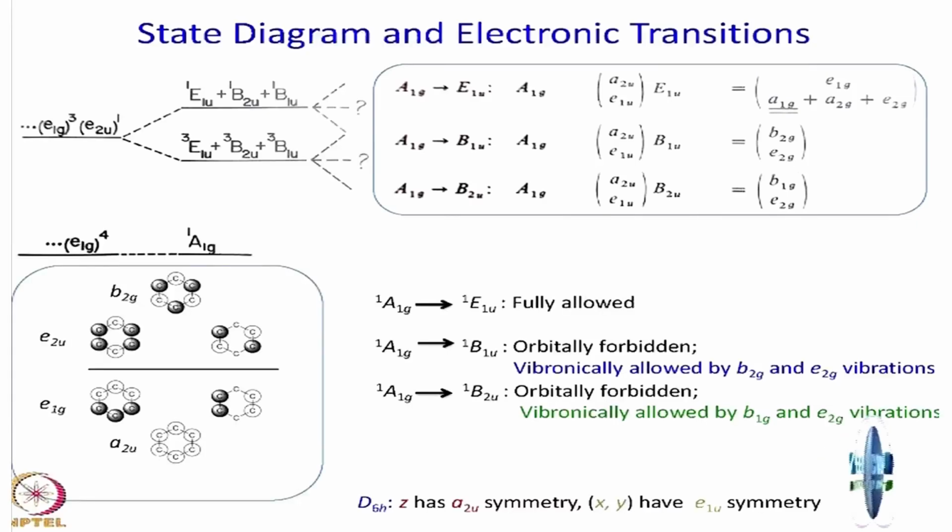That is vibronically allowed, let me use the laser pointer: vibronically allowed by B2G and E2G vibrations. And this 1B2U is vibronically allowed by B1G and E2G vibrations. Do you get this point? Okay.